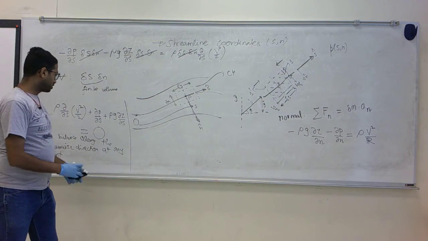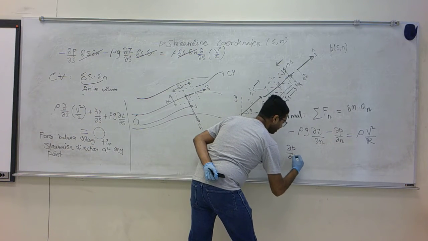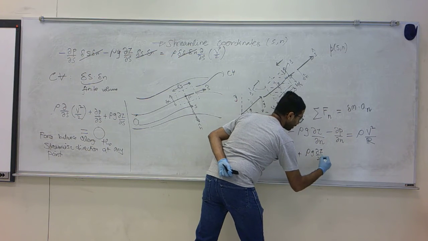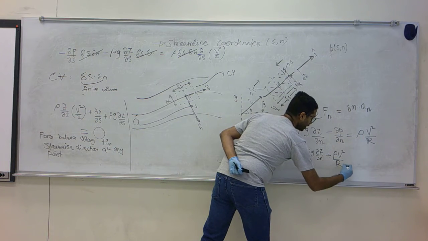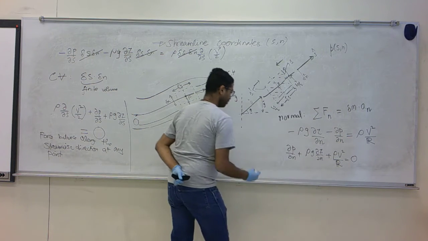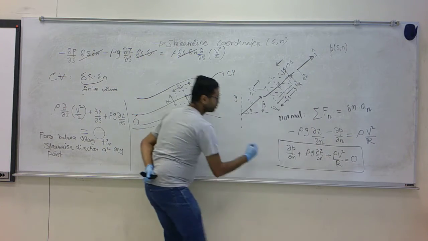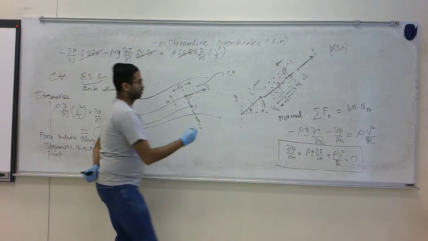So if I rearrange this, I have partial p over partial n plus rho g partial z over partial n plus rho v squared over r equals 0. So this is the normal component, and this is the streamwise component. Streamwise, normal.